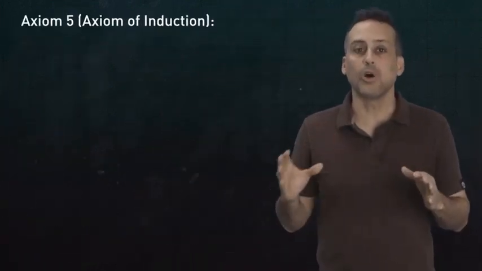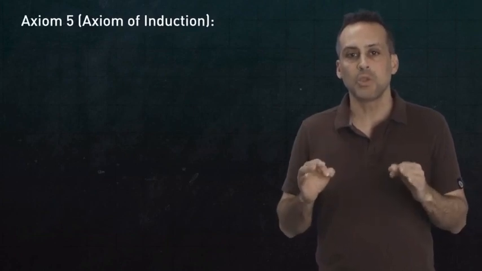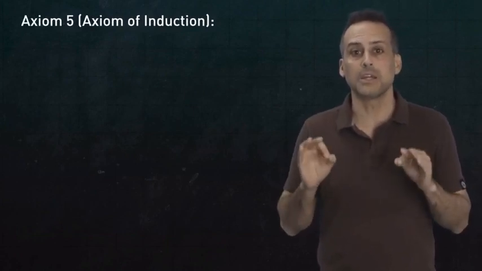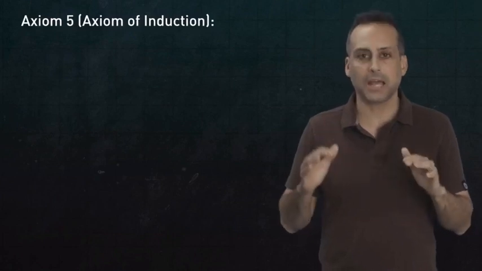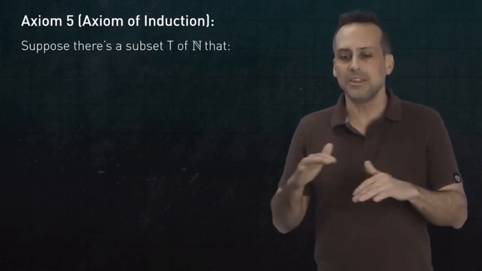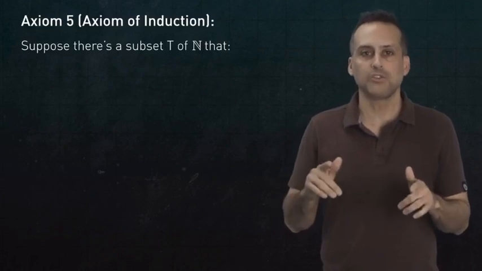To prevent this, we use Peano's fifth axiom, also known as the axiom of induction, which cleans up this mess by fiat in a very subtle way. Here's axiom 5. Suppose that T is any subset of N that satisfies two properties.